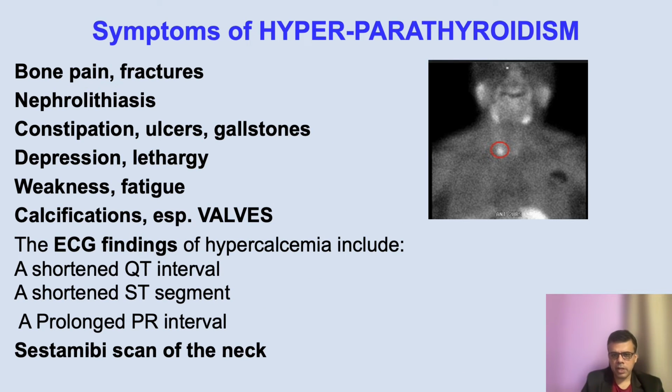Symptoms of hyperparathyroidism commonly seen are bone pain and fractures, and there will be increased calcium level due to bone lysis, which will cause nephrolithiasis. Renal stones will be formed due to hypercalcemia.